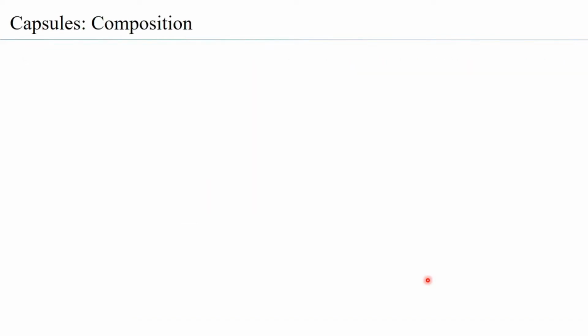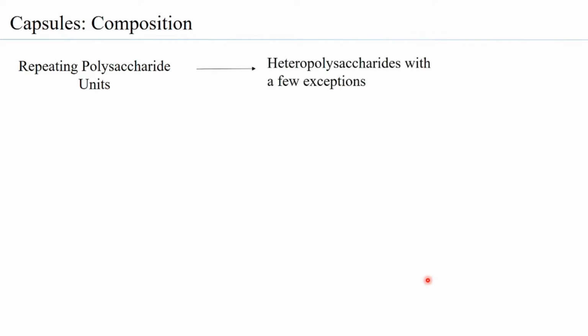When one looks at the composition of capsules, capsules are generally repeating polysaccharide units, and these repeating units are heteropolysaccharides, with of course a few exceptions.